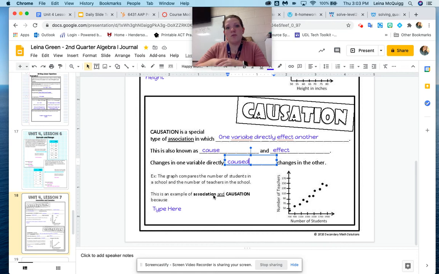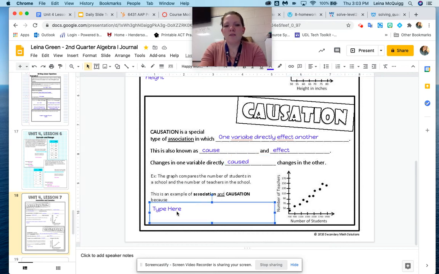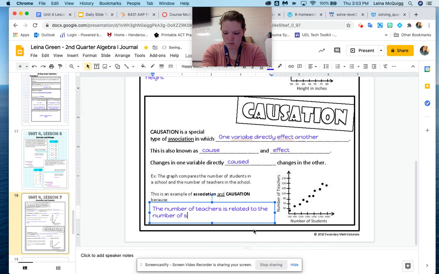So let's write this out. It's association because the number of teachers is related to the number of students. That's association.